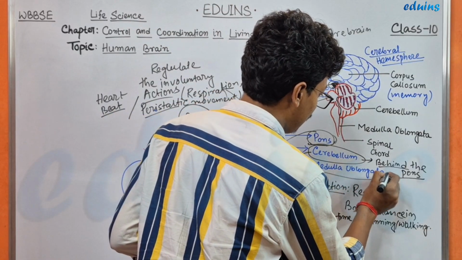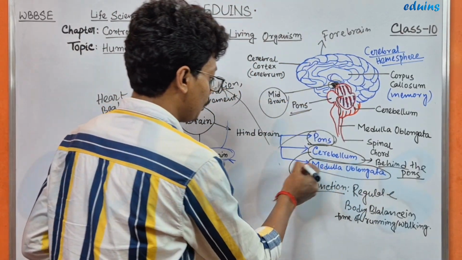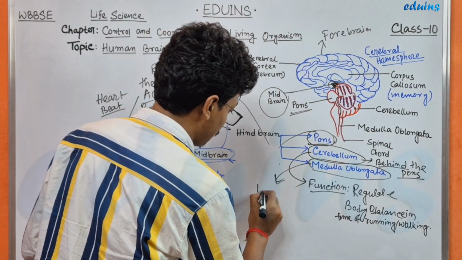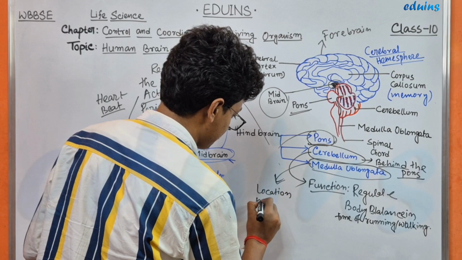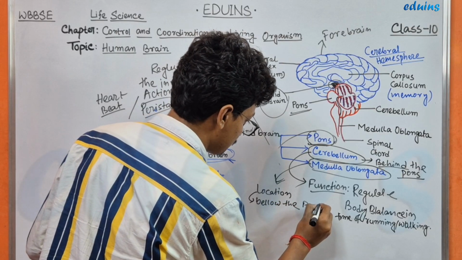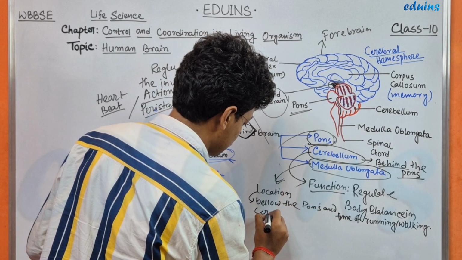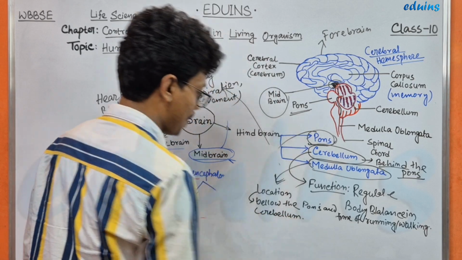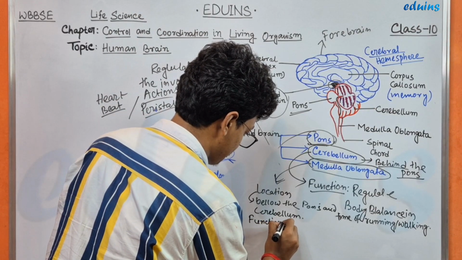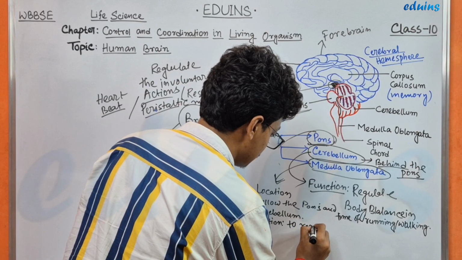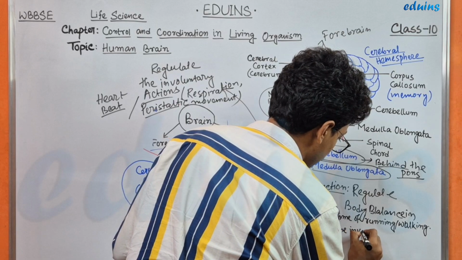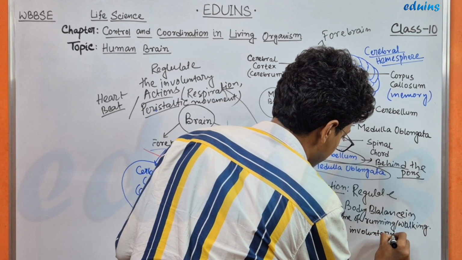Next one is the medulla oblongata, which is located just below the pons and cerebellum, and its function is to regulate the involuntary actions.